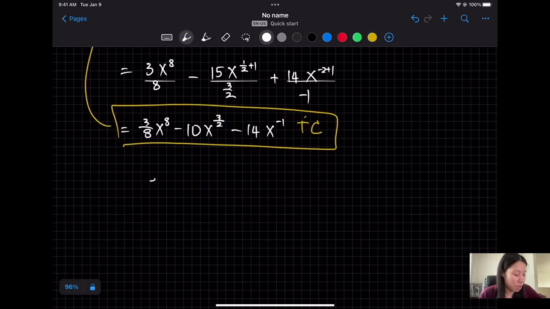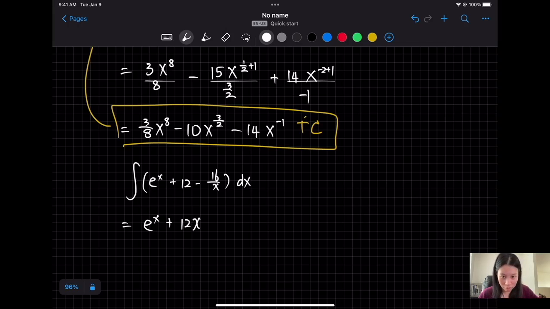I have e to the x plus 12 minus 16 over x. I want you to find the antiderivative. Again, I can find the first one, e to the x, that's easy. And then plus 12x, because if the derivative is a constant, that means the original function is just the constant multiplied by the variable.